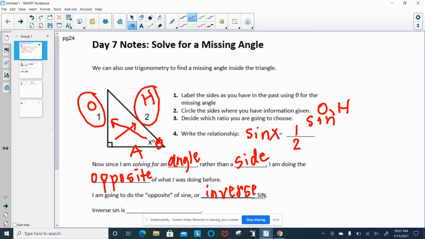An inverse sine looks like this on the calculator. And that -1 looks like an exponent. But really what it is a notation that says we're going to do the opposite of what we had done before.